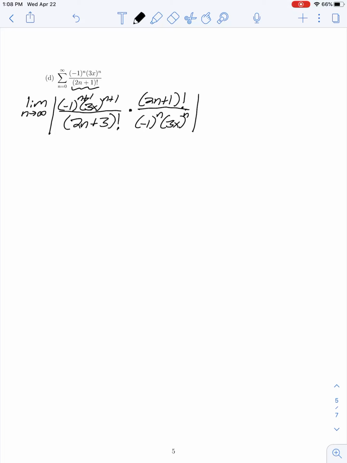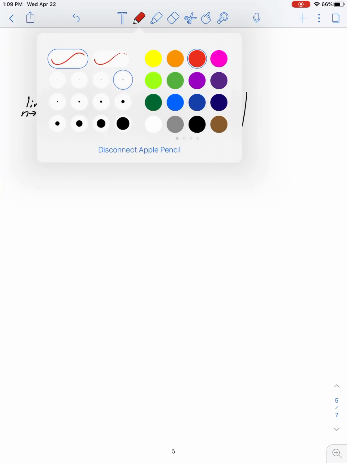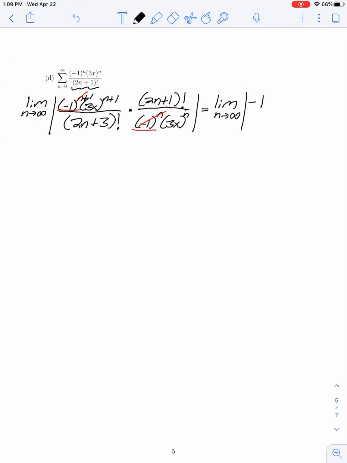So let's see which terms can be simplified and what we're left with. In our numerator, we had a negative 1 to the n plus 1 over negative 1 to the nth. So canceling n powers of that, we are left with a factor of negative 1 in our numerator. Then we had a 3x to the n plus 1 over 3x to the nth. So canceling n powers of 3x, we are left with 3x to the first in the numerator.